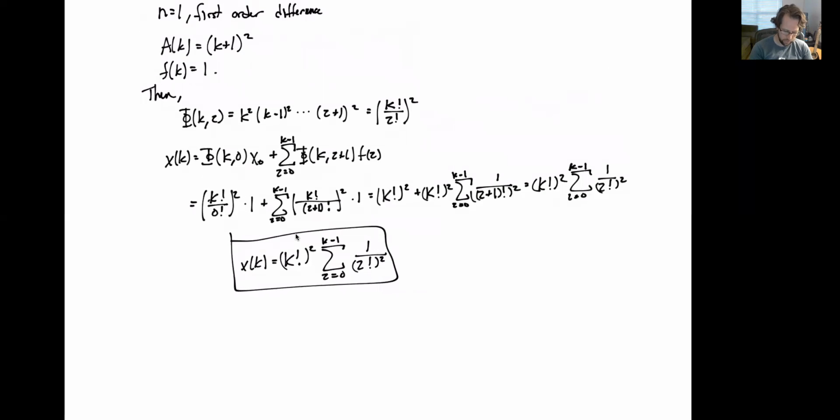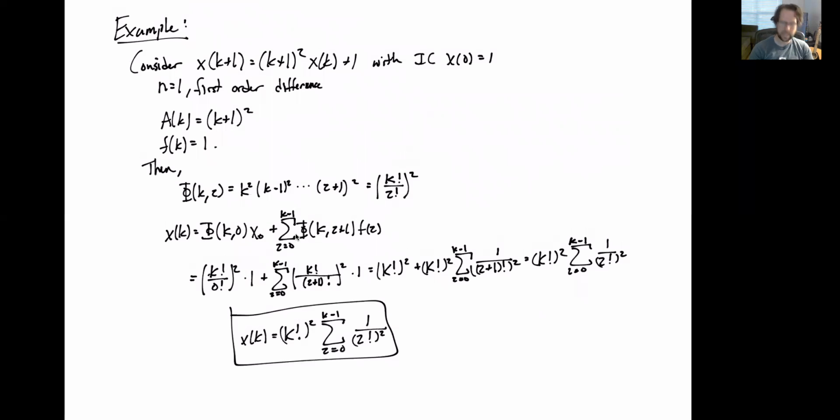So now we can say that if you give me a k, I can give you your x for any value of k, instead of iteratively going through. Say I wanted to find x at k of 2 million. One thing you could do is solve x of k plus 1 equal to k plus 1 squared times x of k, 2 million times to get x at index 2 million.